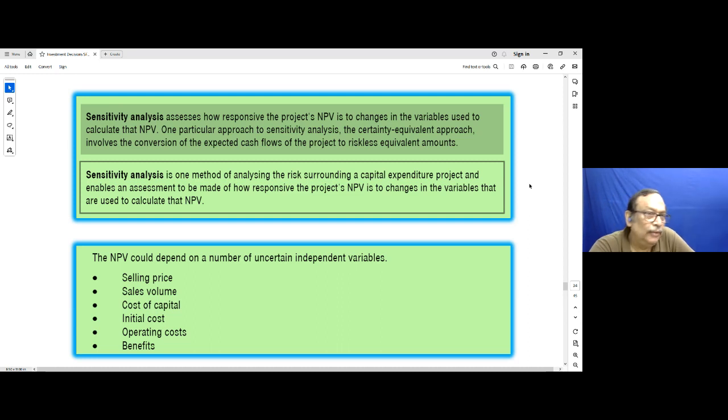Sensitivity analysis assesses how responsive the project's NPV is to changes in the variables used to calculate that NPV. So remember, in the context of capital budgeting, we calculate profit after tax and then add back depreciation.